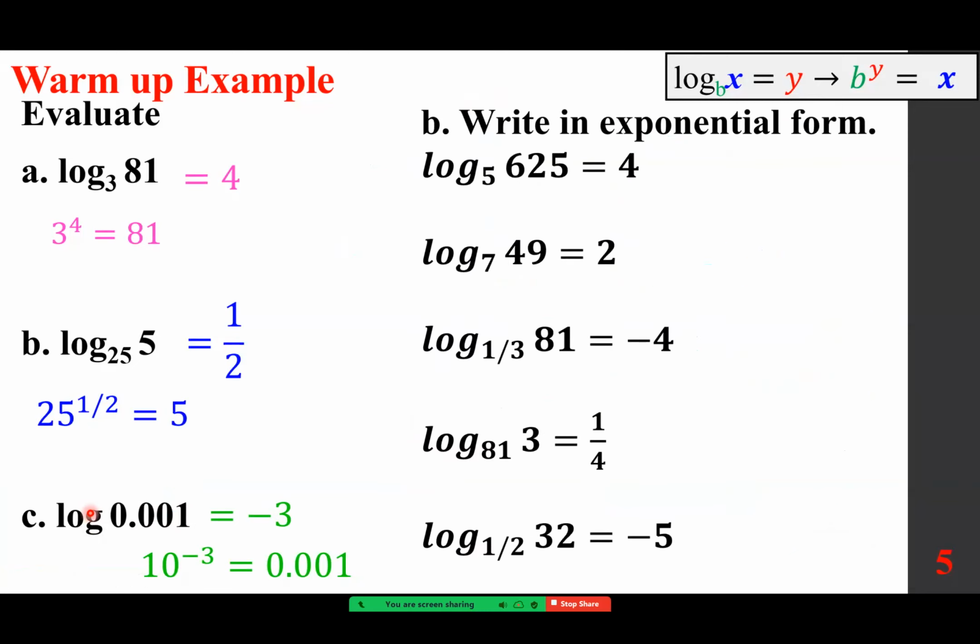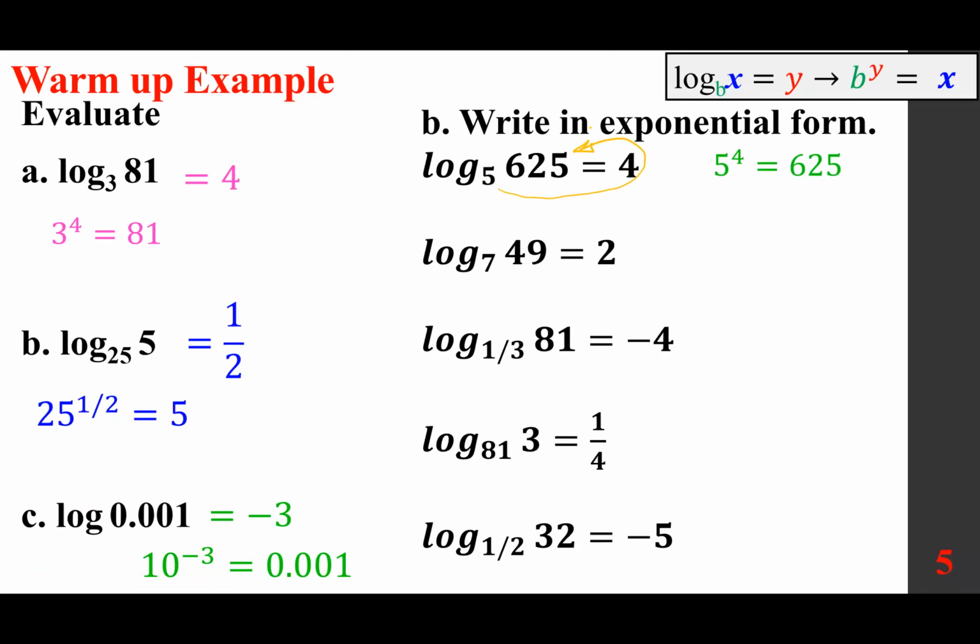All right, we want to write each and every one of them in an exponential format. And again, I'm going to remind you of this arrow here. So simply put, log 625 base 5 equals 4 is equivalent to 5 to the power of 4 is 625.